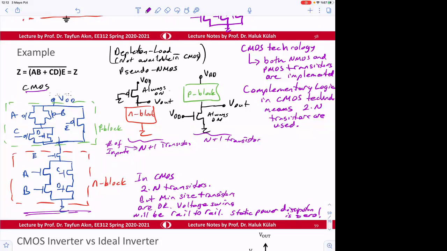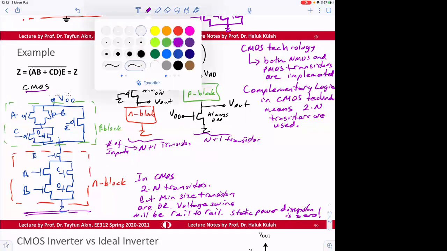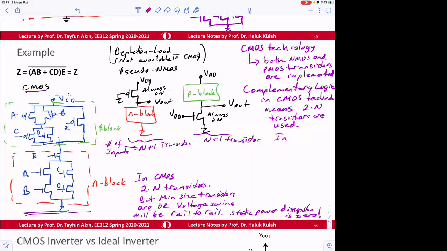So this is not, I mean, in a CMOS process, we can implement the following also, but that's not going to be complementary. So like we can do this, right?